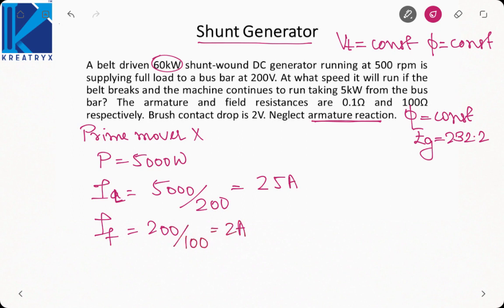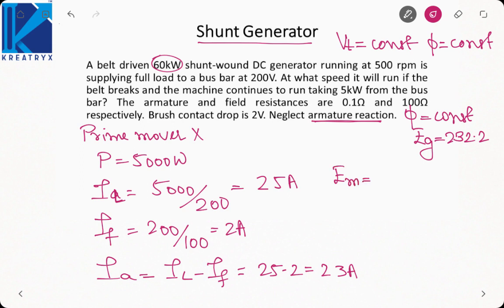Now as I told, the KCL equation reverses between generator and motor, means IA will be IL minus IF, not the sum. That is 23 ampere. Which means if we calculate motor EMF, it will be terminal voltage, that is 200 minus 23 into 0.1.